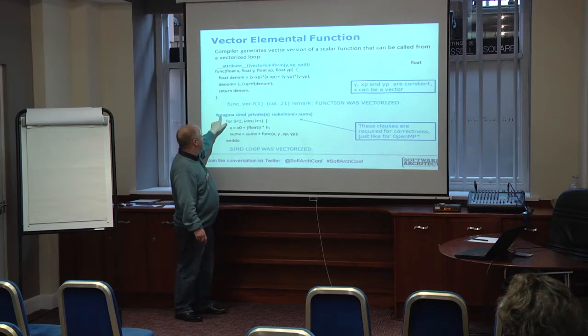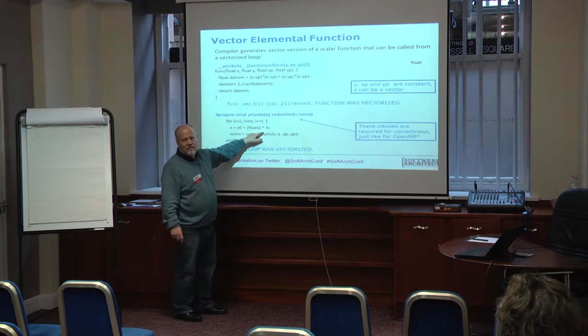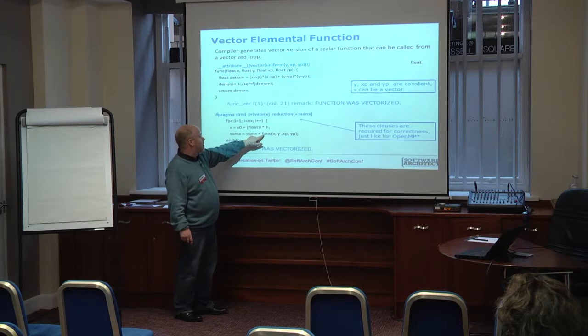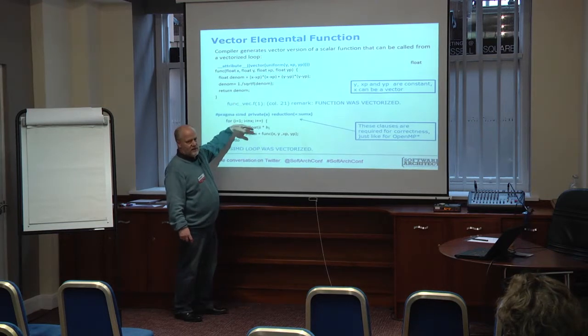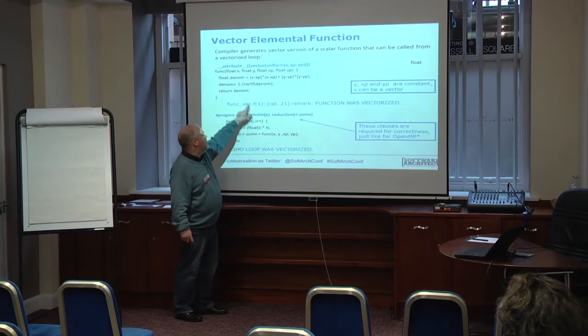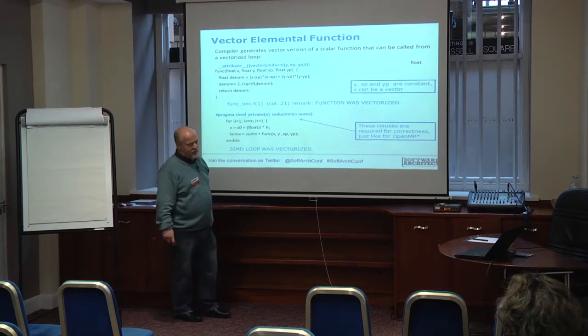When the compiler sees this pragma here, and then we come to this function, it recognizes that this function is capable of being vectorized, or it has been vectorized. And so it will apply a vectorization to the elements that have been sequentially accessed in this loop. So rather than calling the function, it will use a SIMD instruction for each one of those separate calculations that are being done there.